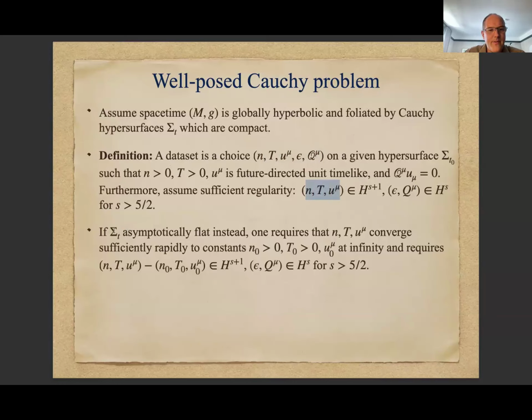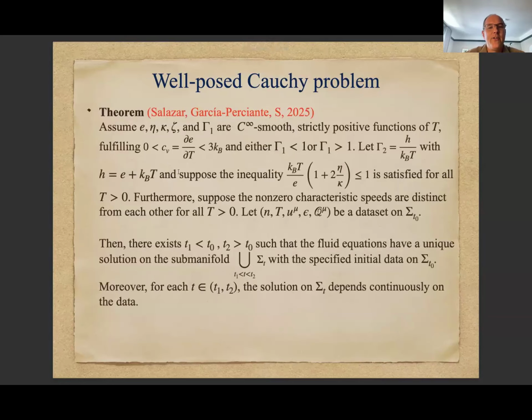And if Gamma_t is asymptotically flat instead, then one requires n, t and u to converge sufficiently rapidly to constants and asks a similar regularity condition. And then what you can show is that, assume that in your system, e, the energy density, so the energy per particle, and the transport coefficients and this gamma 1 are C infinity functions, strictly positive, of the temperature.